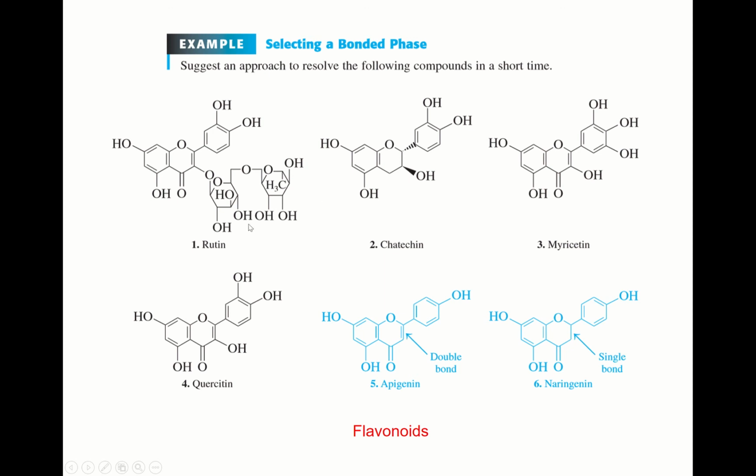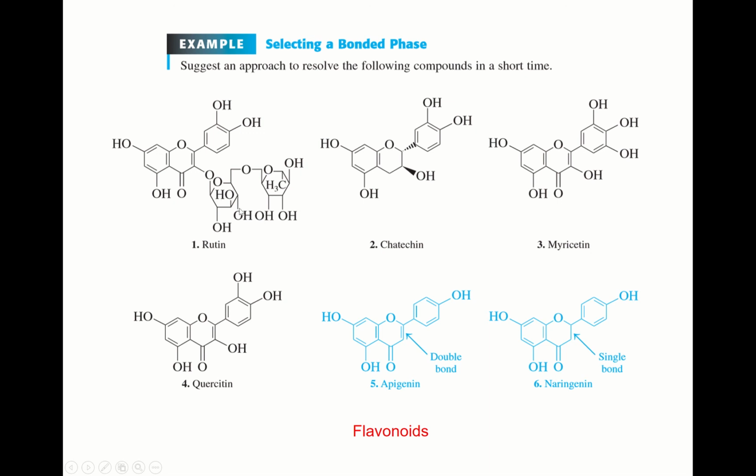And this is a glucose group here. So all have the same basic structure, and there are many kinds of these compounds, called flavonoids, and each of them has its own name.